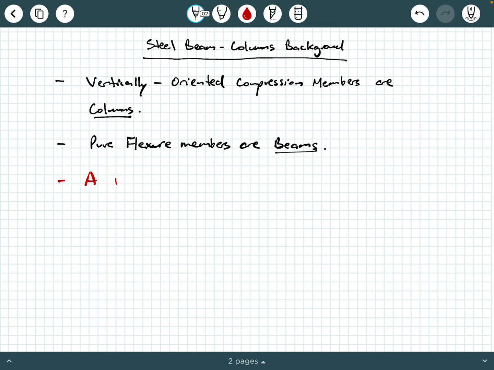A beam column is pretty much exactly what it sounds like.